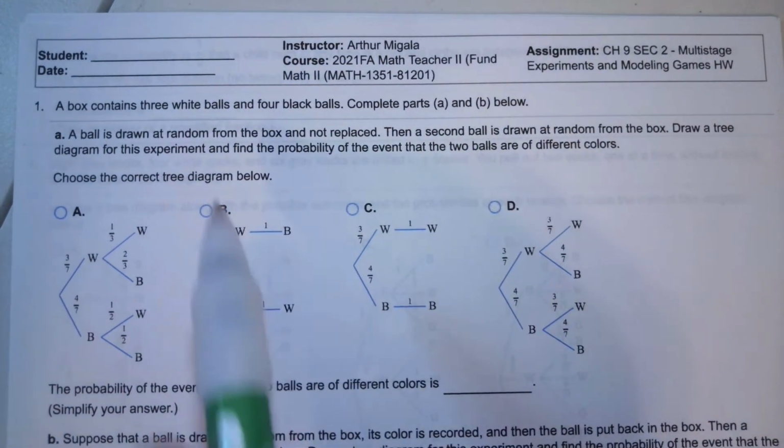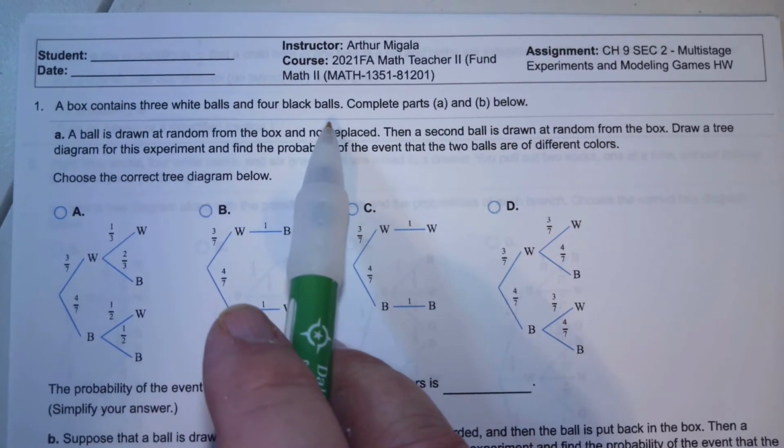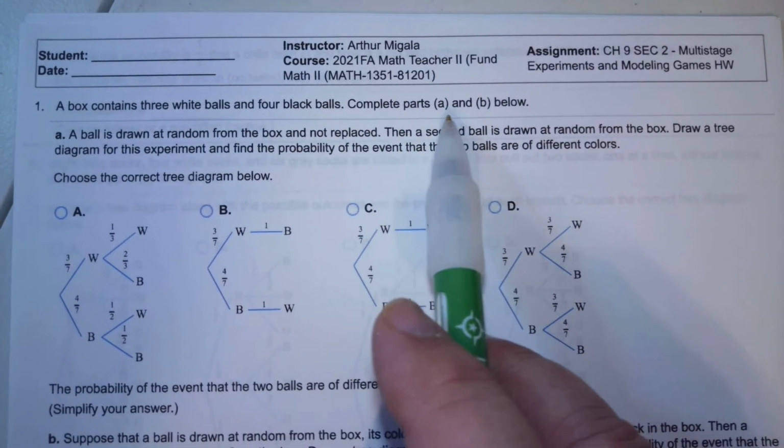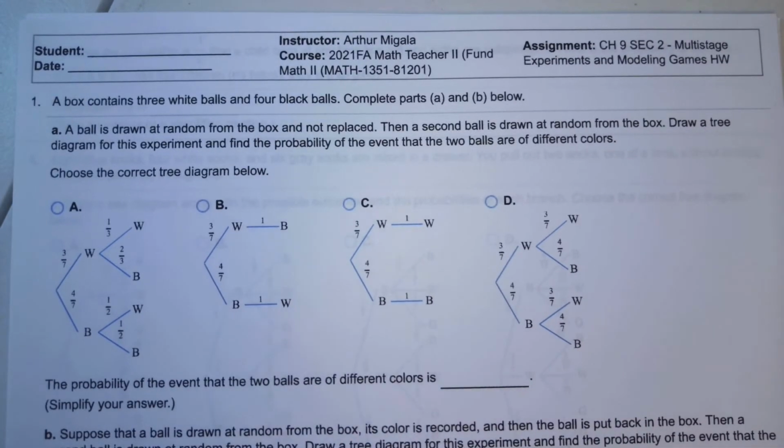Alright, question number 1. A box contains 3 white balls and 4 black balls. Complete the sets A and B below. A1 says, a ball is drawn at random from the box and not replaced. So this is without replacement.